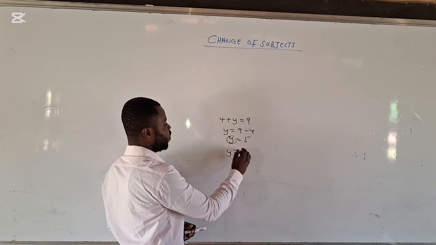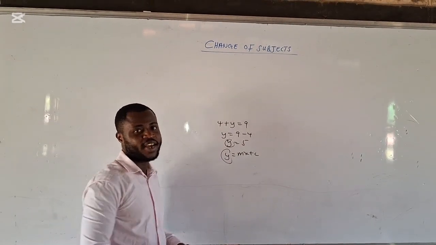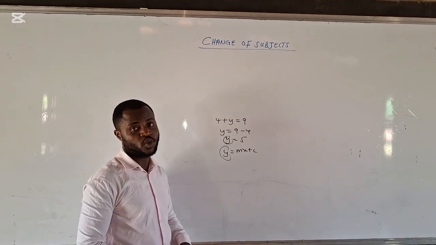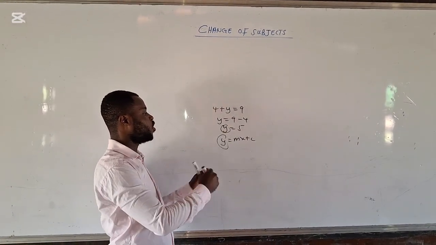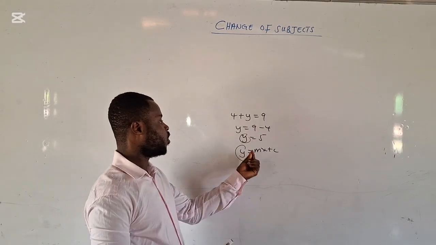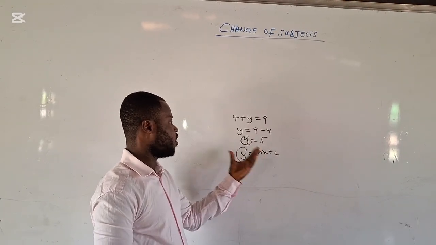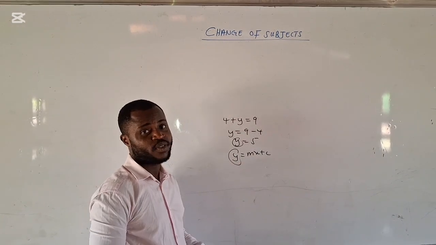Or in this expression, y is equal to mx plus c, y is the subject of this equation. We can also interchange so that m becomes the subject, standing alone and equating itself to the other elements.